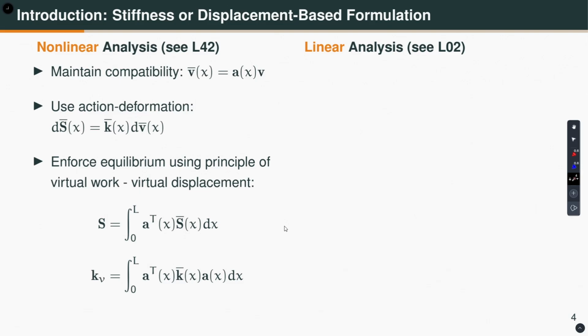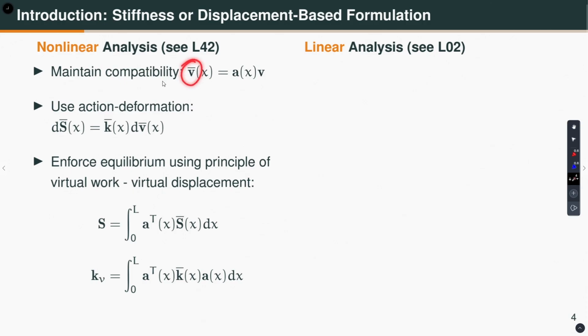If you recall what we have done in the stiffness based formulation for nonlinear analysis, we maintained compatibility. That means V is the element end deformation or element end displacements in the simply supported basic or deformation coordinates, and the A matrix is a matrix of shape functions, and that gives us V bar x.